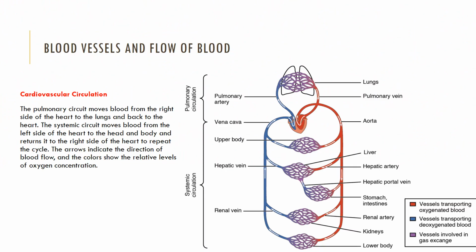This slide shows the cardiovascular circulation. Arteries, which are shown in the figure, always carry blood away from the heart to the capillaries, and they are typically colored red on models because in general they carry oxygenated blood.